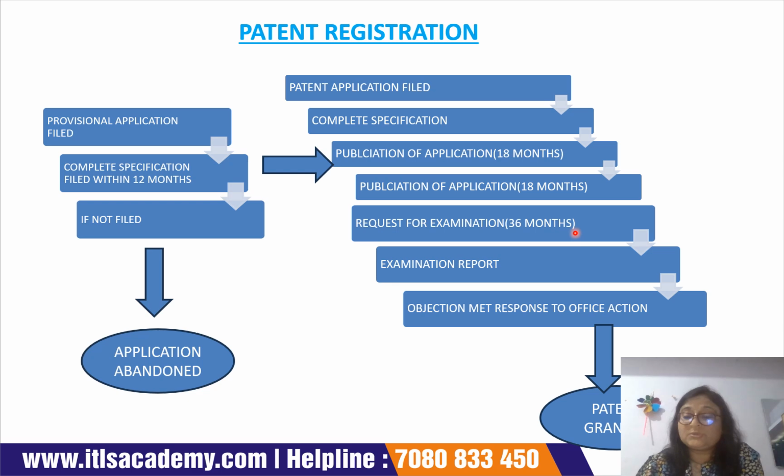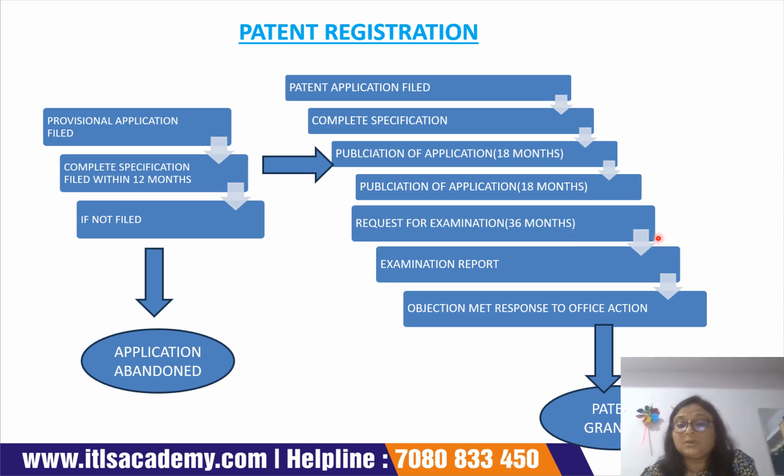When you file the request for examination, the patent examiner will examine your application, and then an examination report will come. If the examination report comes to you, they have some grounds on which they can say that okay, your file cannot be processed, there is some lack of novelty or something.